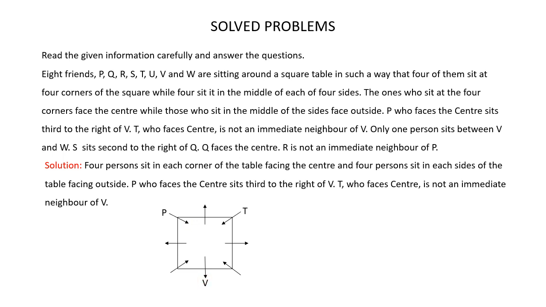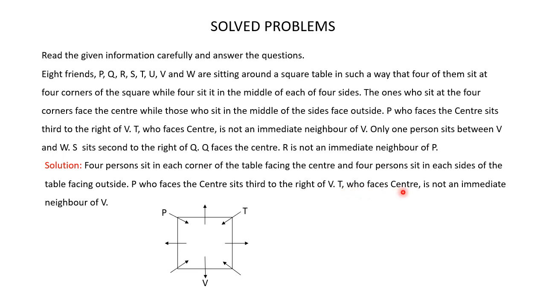Only then this condition will be satisfied. Supposing V sits in the corner, then third to the right of V will be a position on the side of the square facing outside. So this cannot be P's position. So clearly V has to sit in the side of the square, and third to the right of V will be a position in the corner for P facing the center.